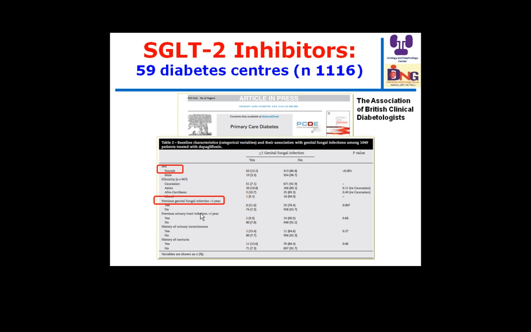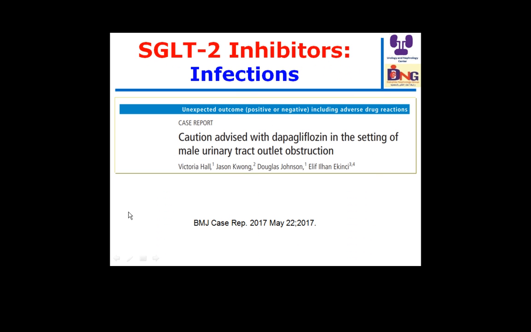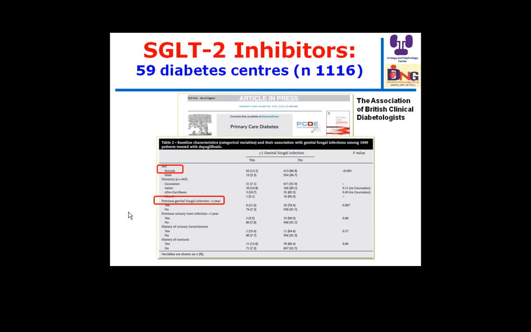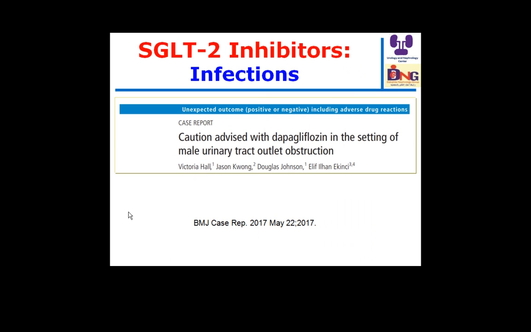A previous genital infection within the last year may also be a risk factor. The lesson from this audit is that when the patient has a history of genital infection, especially a female, it's better not to use the drug or to give it cautiously. And if there is any urinary tract obstruction or increased residual urine volume, this may be associated with increasing UTI, as shown in this case report.